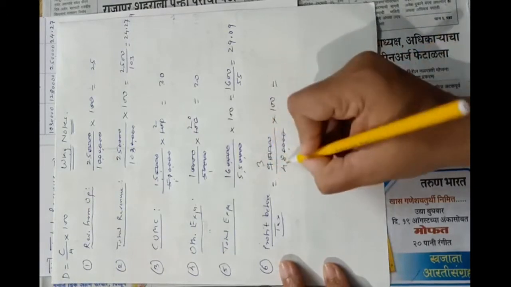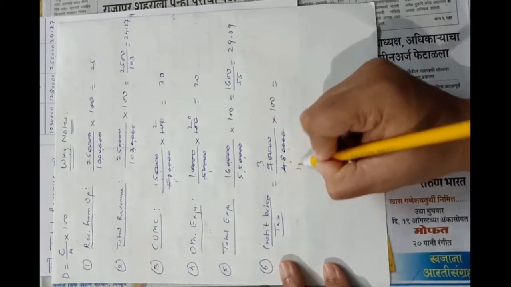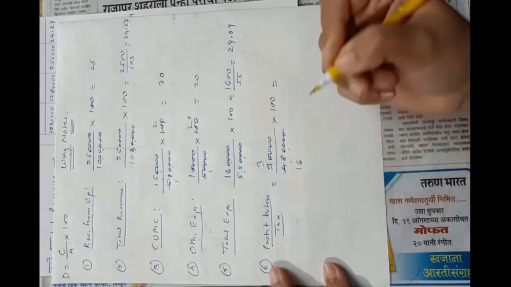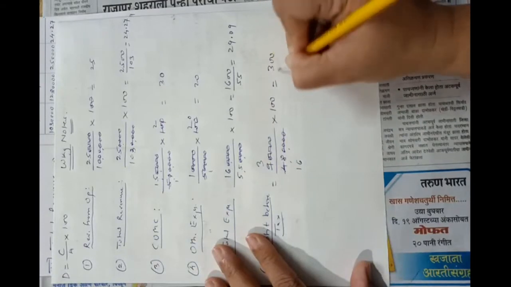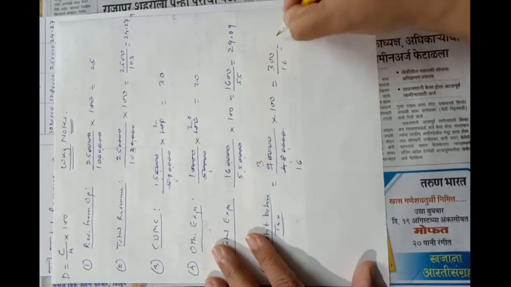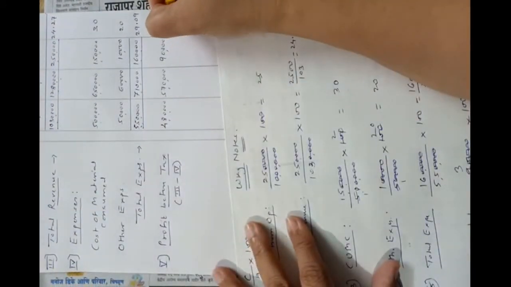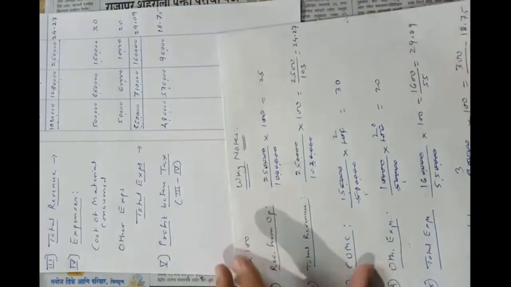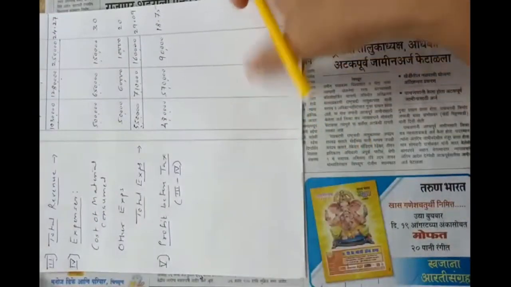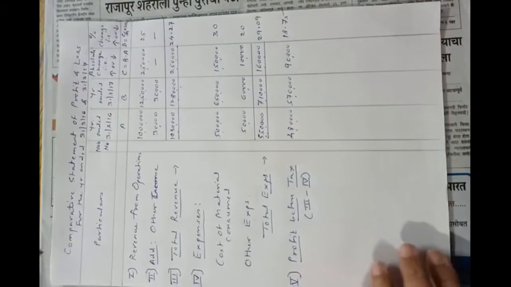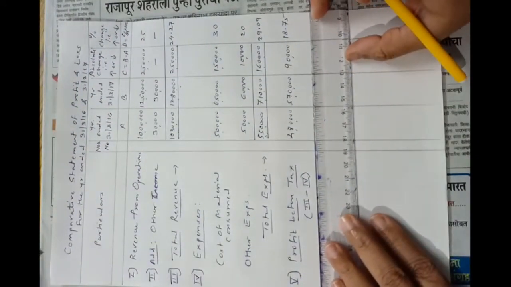Three threes are 9. Now 3 into 100, 300 divided by 16. So it is 18.75, 18.75%. Okay. So with the help of these working notes, we have completed the comparative statement of profit and loss here.